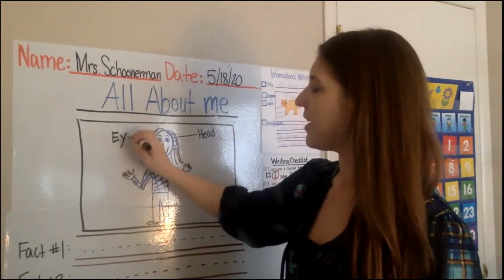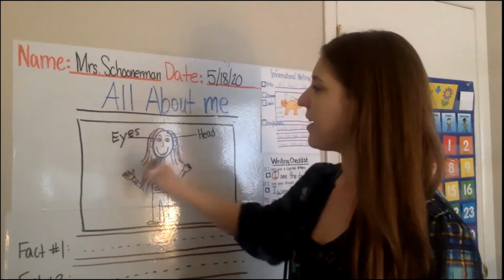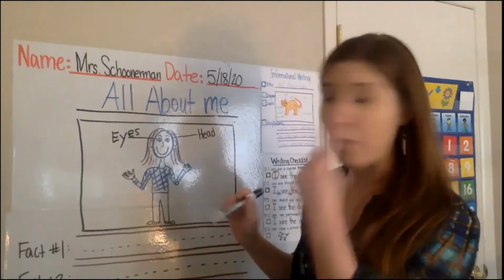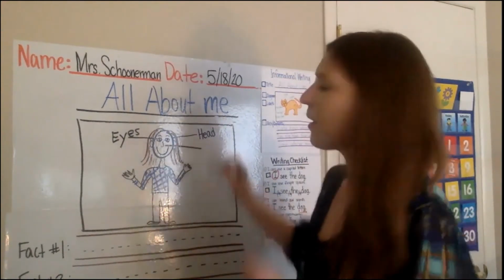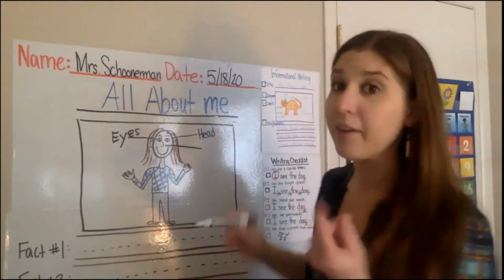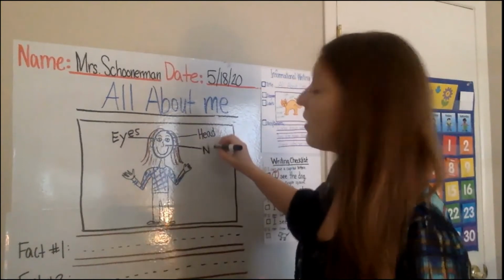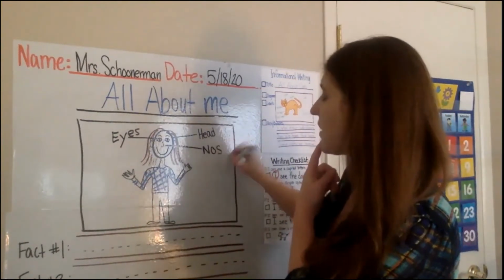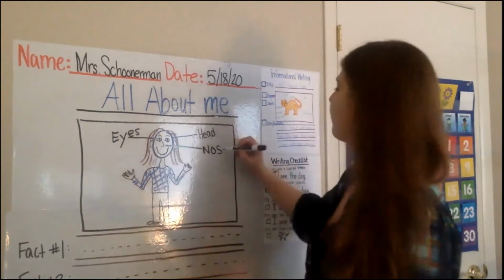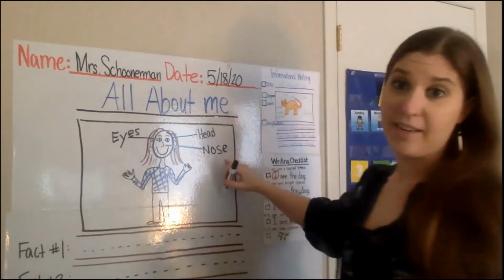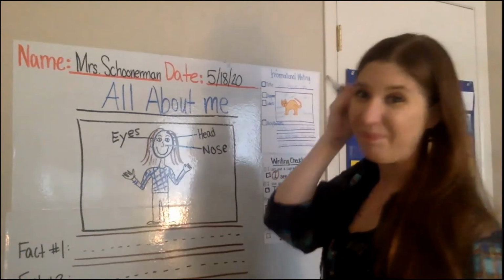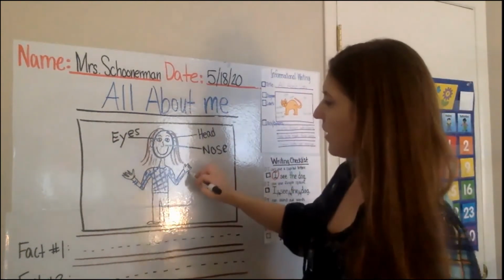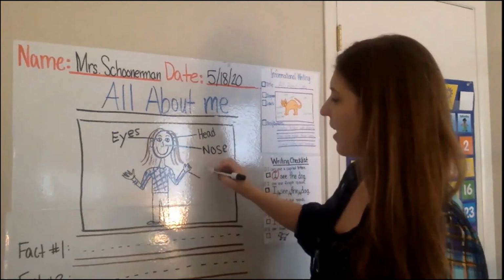That starts with an E. E-Y-E-S, eyes. Nose. I hear an N at the beginning. Nose. And that actually has an E at the end, a silent E. Nose. What about, we could add labels for our hands. Hands.